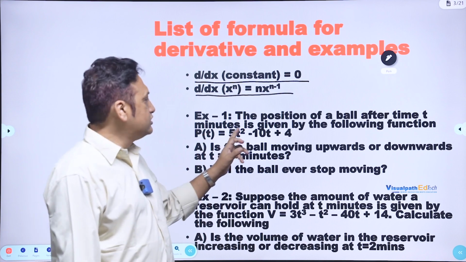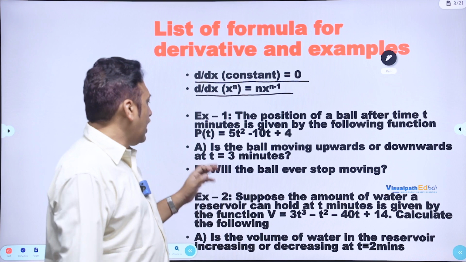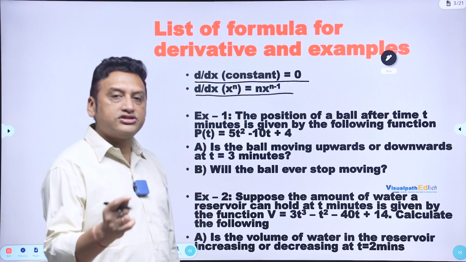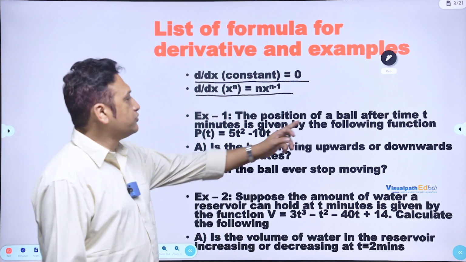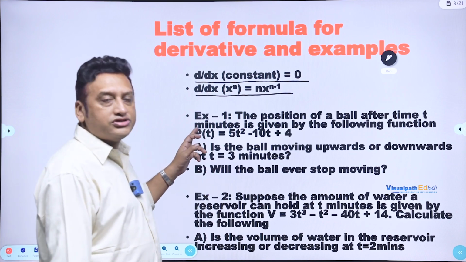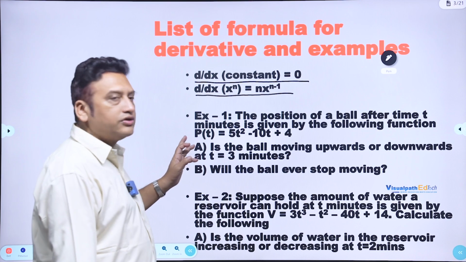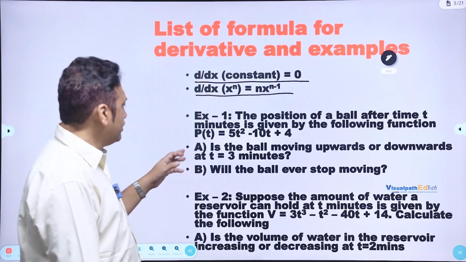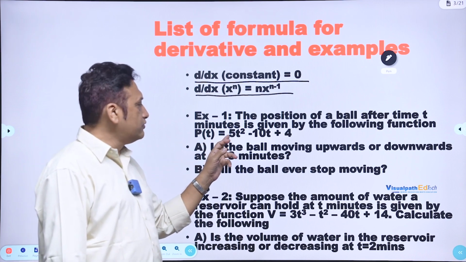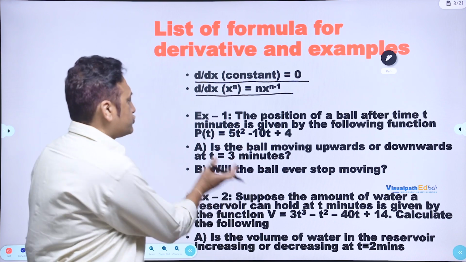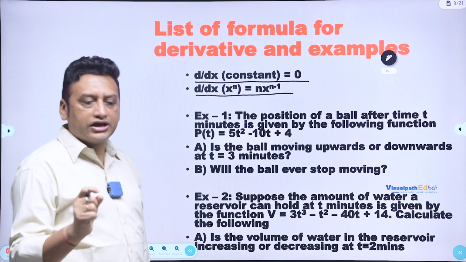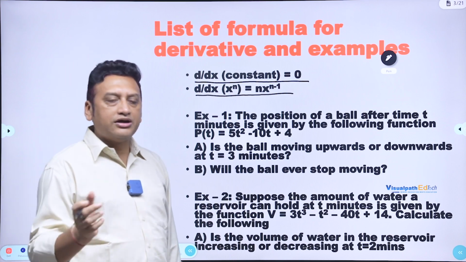What is t? t refers to the time, and p(t) refers to the position of the object after a given time t. So the position of a ball after time t minutes is given by the following function. The function is p(t) = 5t² − 10t + 4. So this is an expression given which indicates the position of the ball after time t minutes.